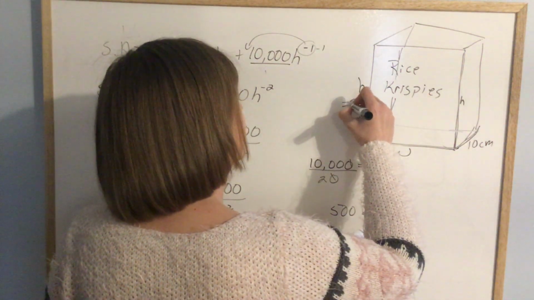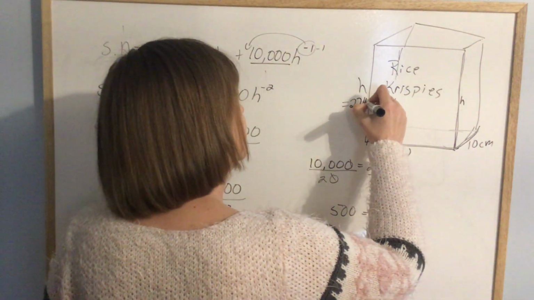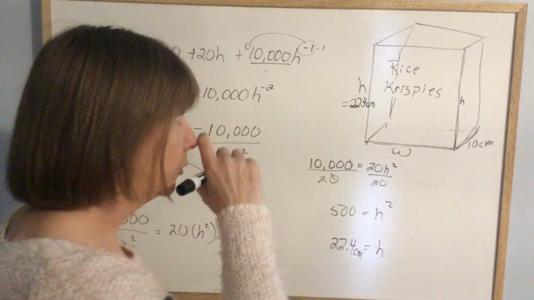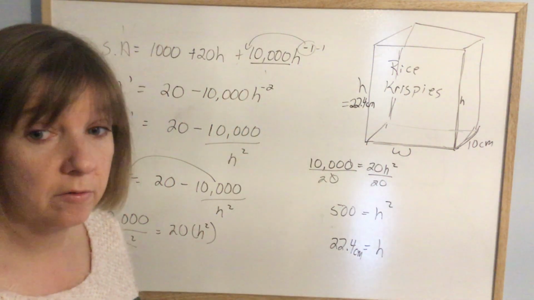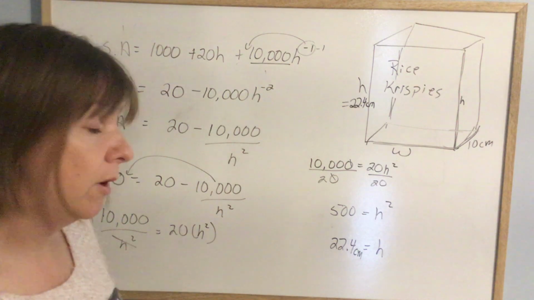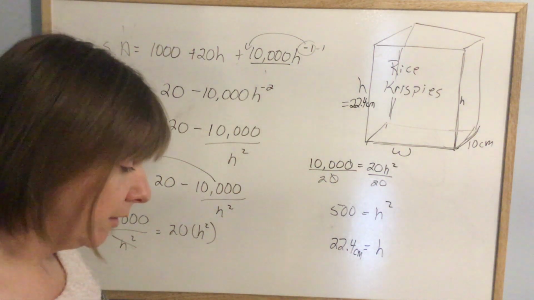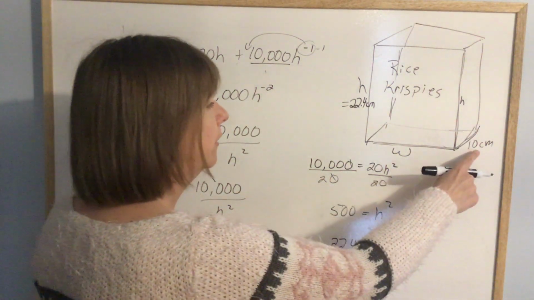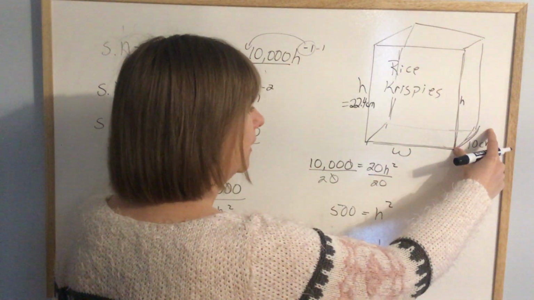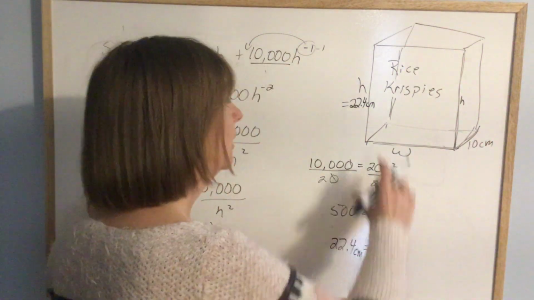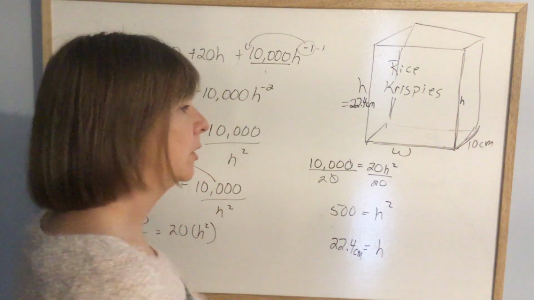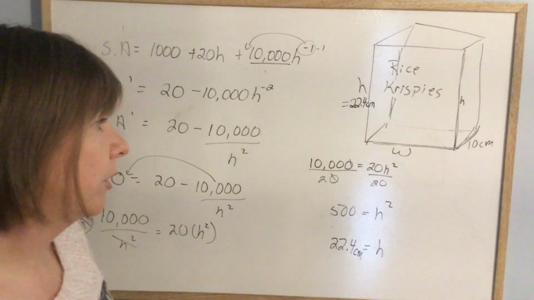So what I have just found is that if I want to minimize the amount, then the height should be 22.4 centimeters. Now, how do I know what my width should be? I already know that the thickness is 10, because they told us that. I just figured out that the height should be 22.4. How do I figure out what the W is?